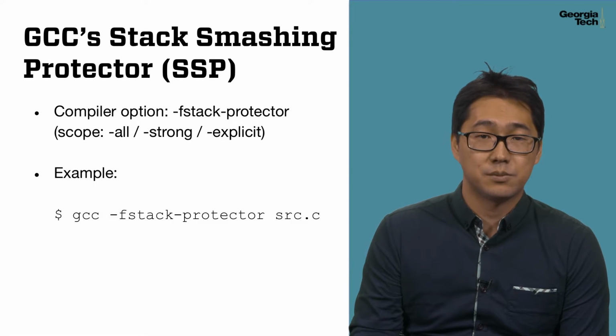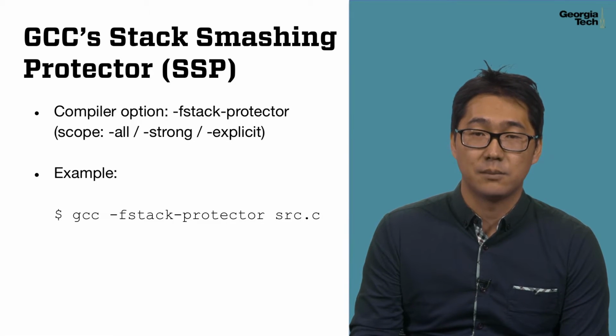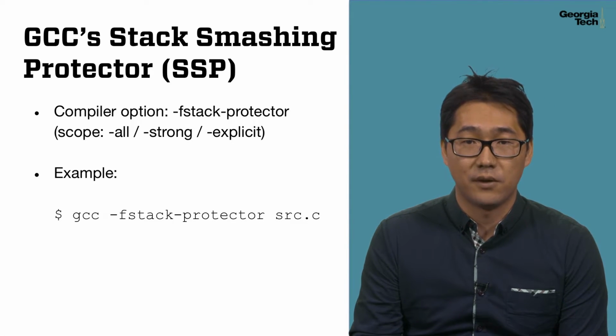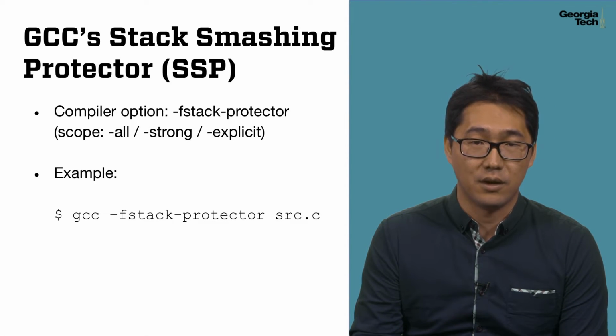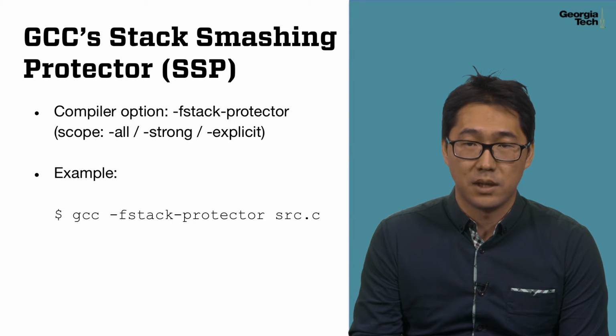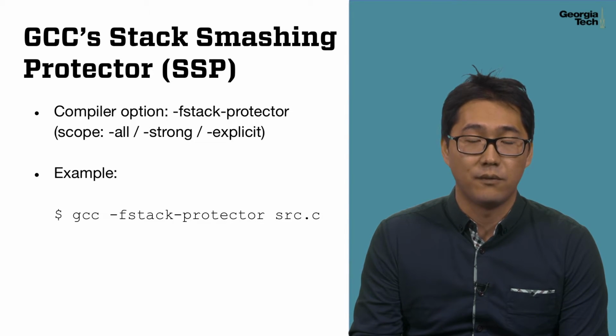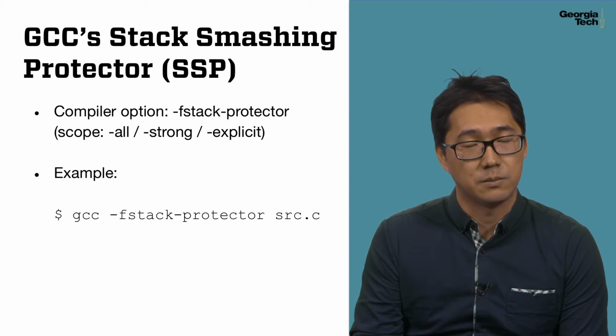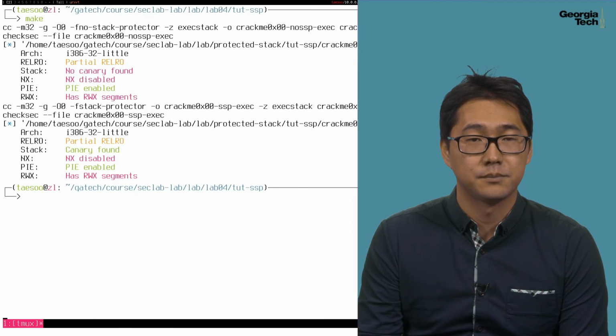You can enable this protector with -fstack-protector as a compilation option. You can adjust the number of functions protected with the stack canary. For example, all applies the canary for all functions, and explicit applies it only for functions explicitly specified.